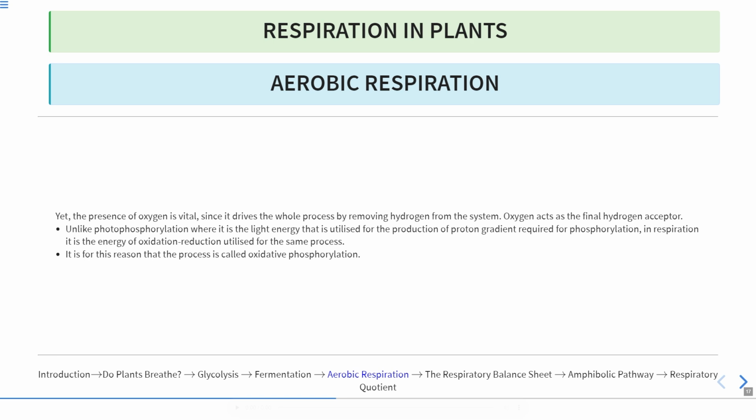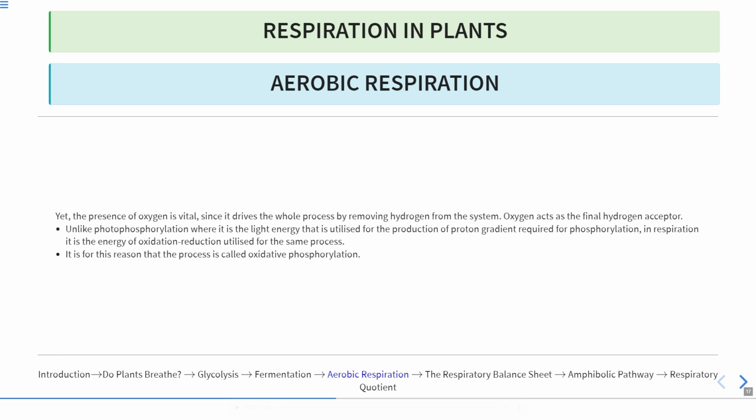There, the light energy is utilized for the production of the proton gradient, and the proton gradient is responsible for the synthesis of ATP, right? But here, in respiration, it is the energy of oxidation reduction that is utilized for the production of ATP.